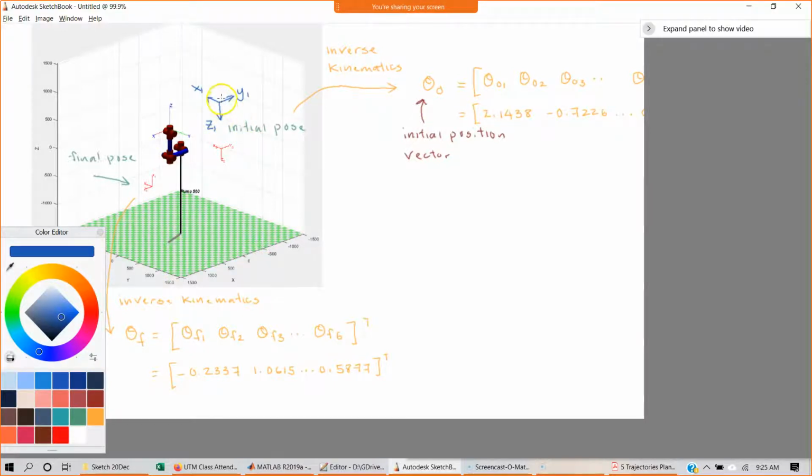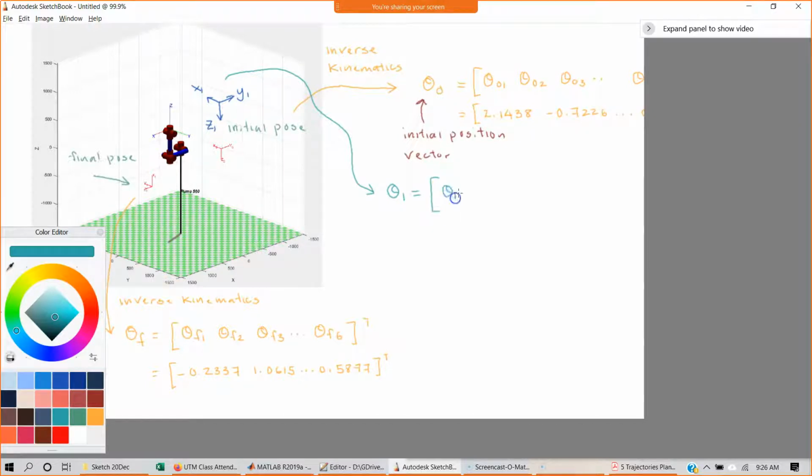Okay. So again, we have to do inverse kinematics for this, and you would get theta 1.